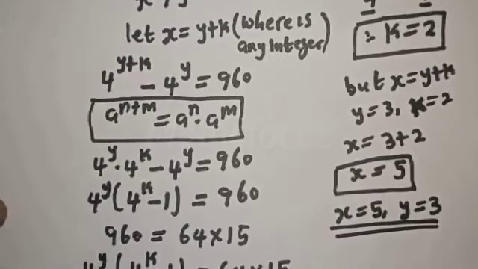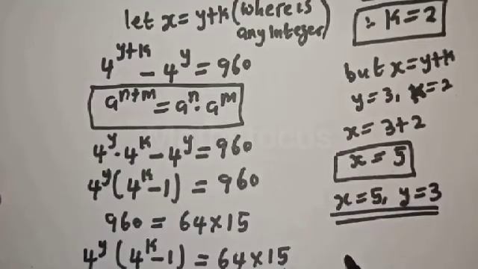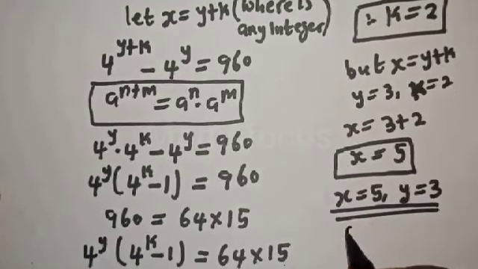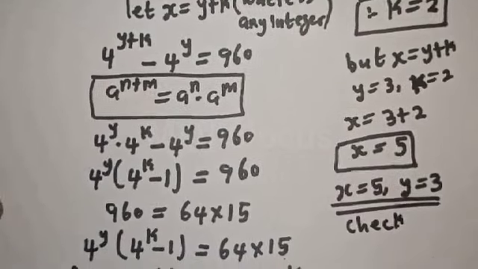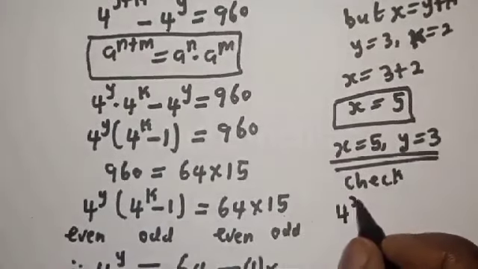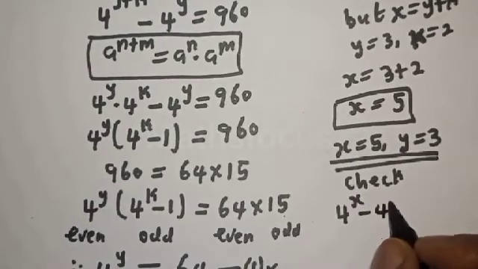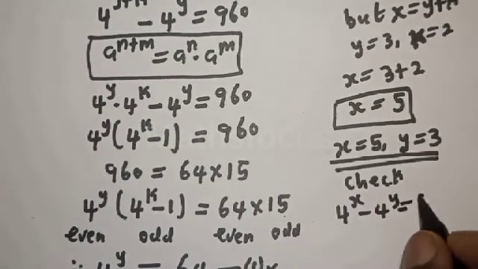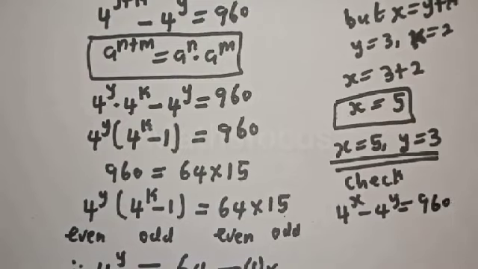We can check to confirm if our answer is right or wrong. Let's check. We have the given equation 4 raised to power x minus 4 raised to power y is equal to 960.